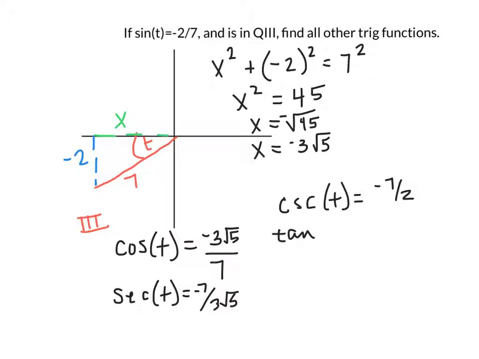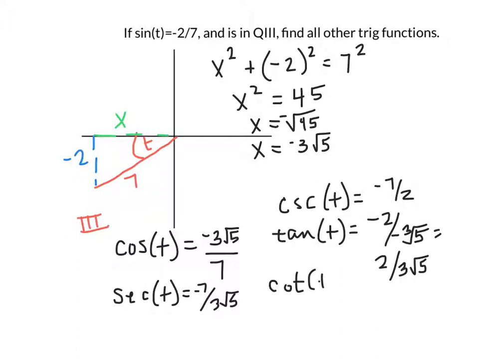If we're looking at our right triangle again, the tangent is simply going to be the opposite over the adjacent. Therefore, the tangent would be -2 over -3 times the square root of 5, which reduces to 2 over 3 square root of 5. Our cotangent is just going to be the reciprocal of our tangent. Therefore, our cotangent would be 3 times the square root of 5 over 2.